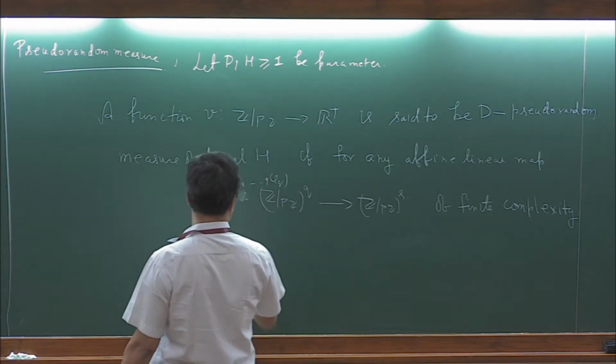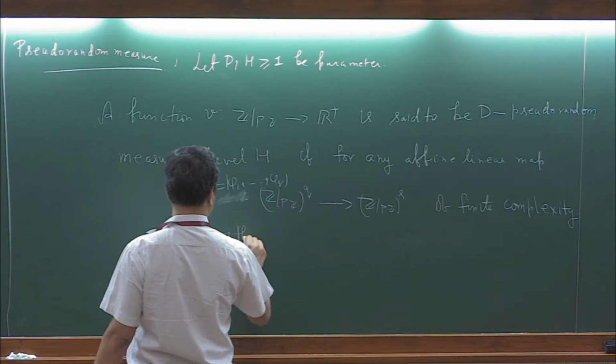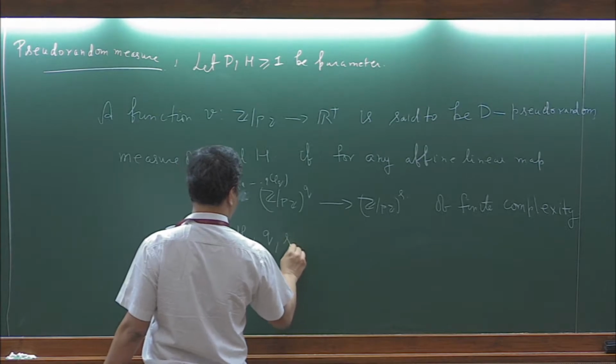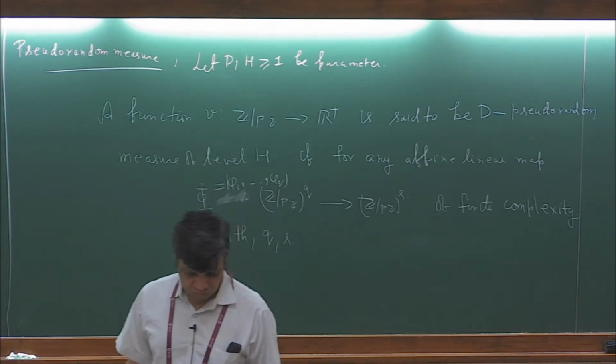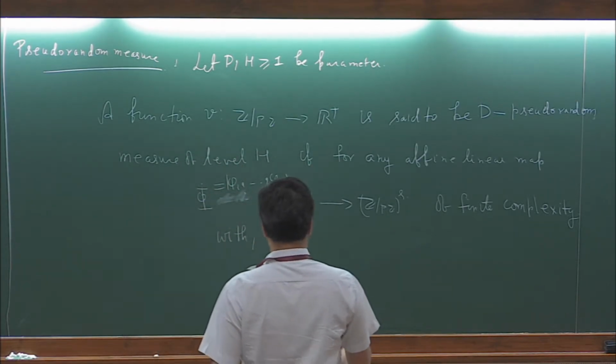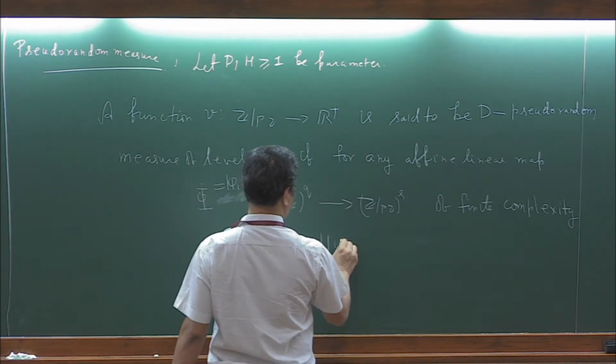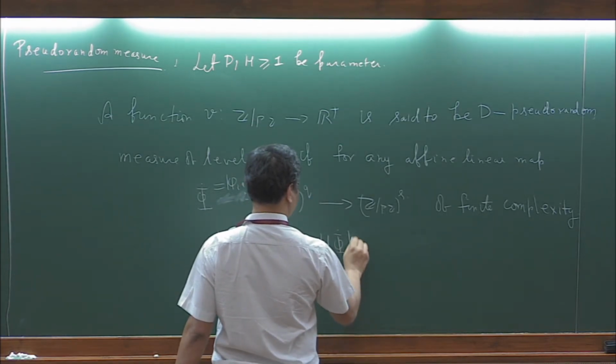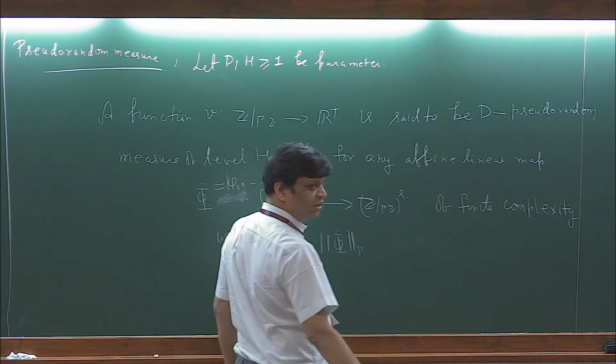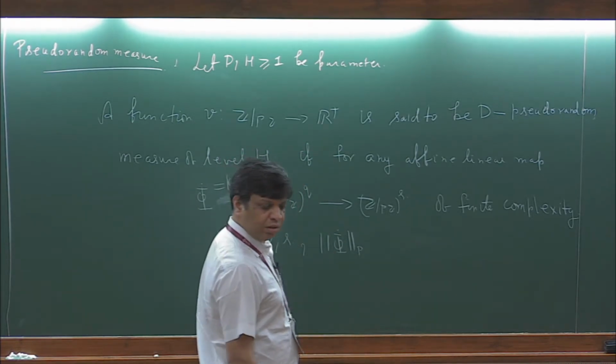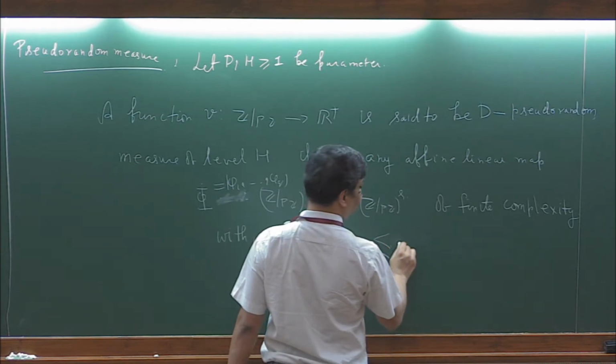With Q, R, and the norm of this linear map, all of them are at most d.